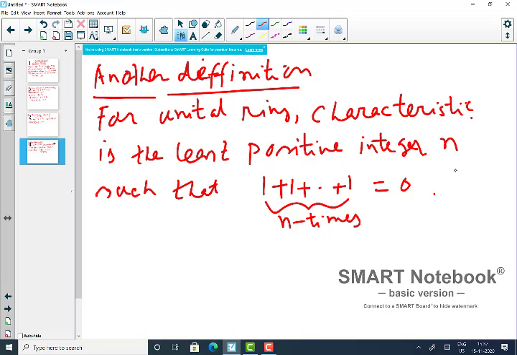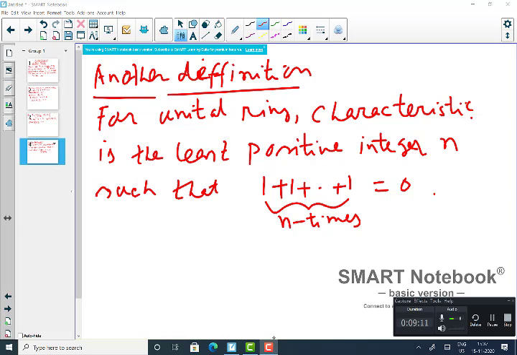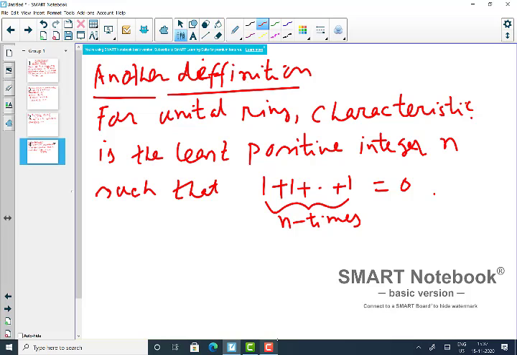You can prove the earlier definition is equivalent to this, and the proof is simple. In the earlier definition, you are saying that for every element a, n times a has to be 0. In particular, if 1 is there, then for 1 also this is true. Conversely, if this is 0 for n times 1, then n r is nothing but r plus r plus r, n many times, so this is 0.